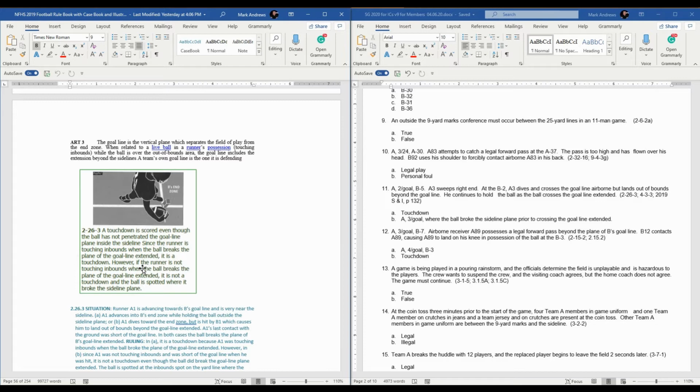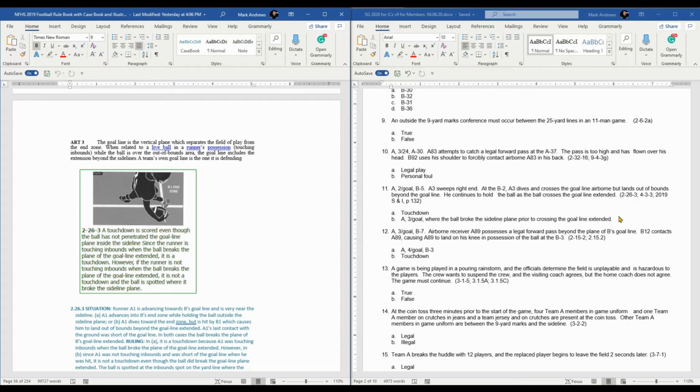And we have to decide if he was airborne and landed out of bounds, where did that ball cross the sideline? That's where we're going to place the ball. All right? So the answer here is B, a 3rd and goal where the ball broke the sideline plane prior to crossing the goal line extended. Again, I know this is complicated, and I think this new video that Matt just produced is really going to help a lot of you understand this.